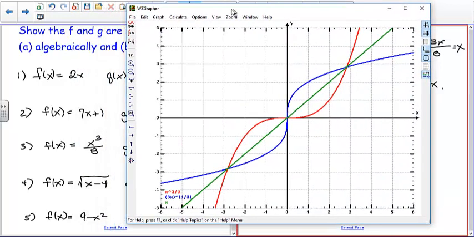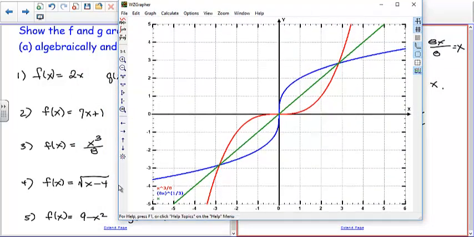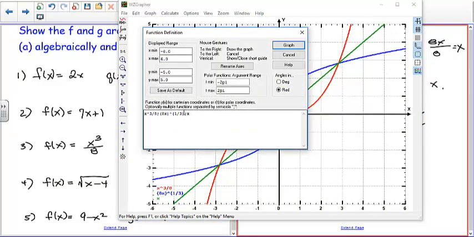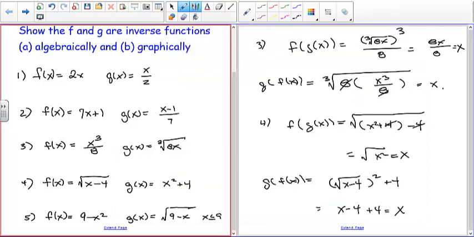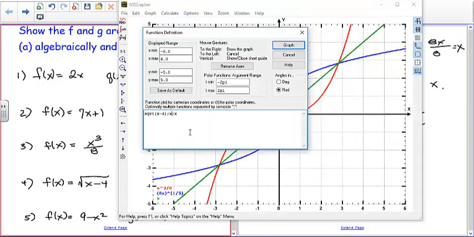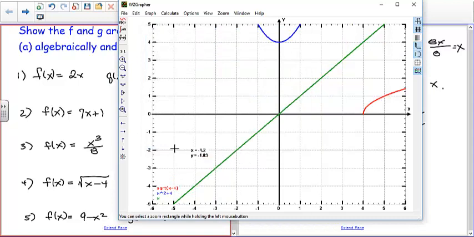So we're going to do f of x equals square root of x minus 4, and the other function is x squared plus 4. Graph those. And so let's zoom out a little bit here.